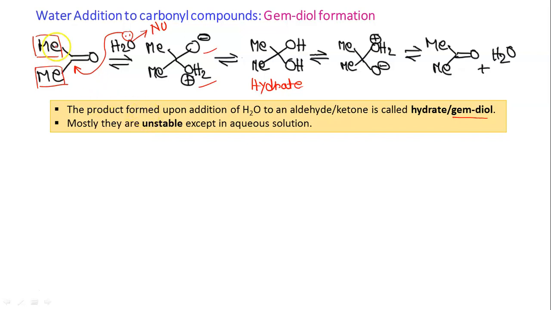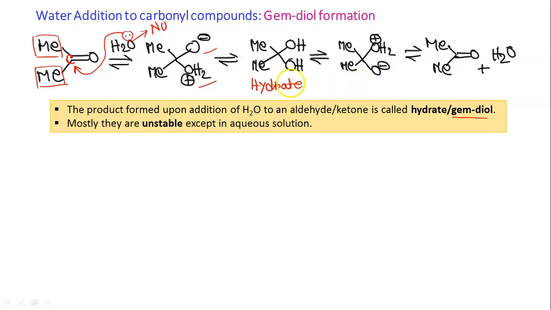In that case, the electropositive character of the carbonyl carbon will be very high and the equilibrium will be more towards the hydrate and less towards the starting carbonyl compound. But if there are some donating groups, for example in this case, the equilibrium will be mostly on the carbonyl side, not on the product side.